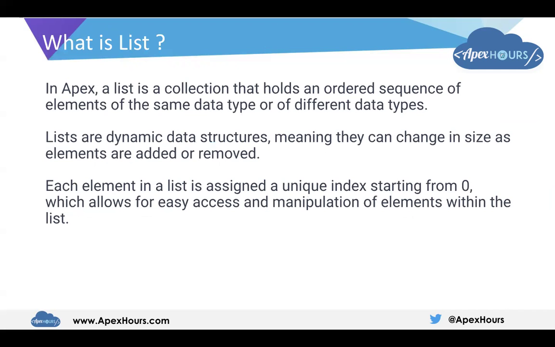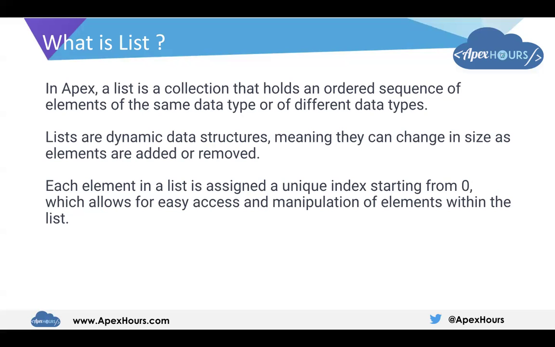What is a list? In Apex, a list is a collection that holds an ordered sequence of elements of the same data type or of different data types. So basically, a list is used to store data of different or the same data types. A list holds the data in an ordered sequence.